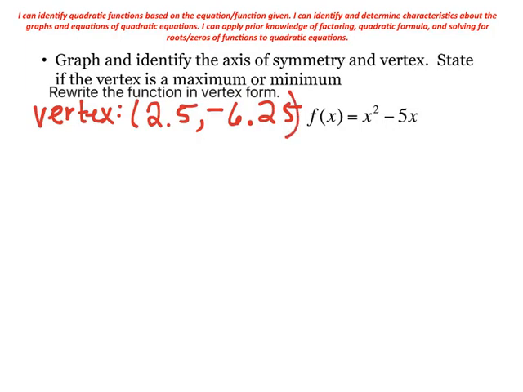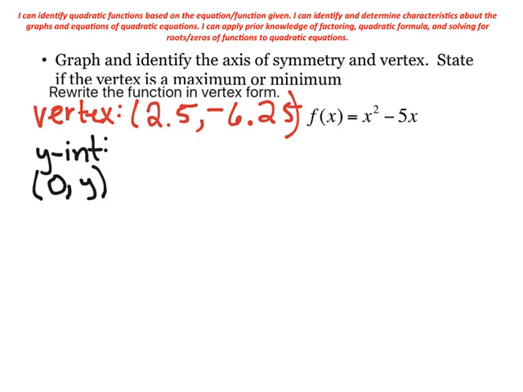We also know that we need another point, and usually the y-intercept is our best option. Now, if we don't have a graphing calculator for some reason, how do we get the y-intercept? Well, a y-intercept is always 0 for the x value, and then whatever the y value is that spits out.